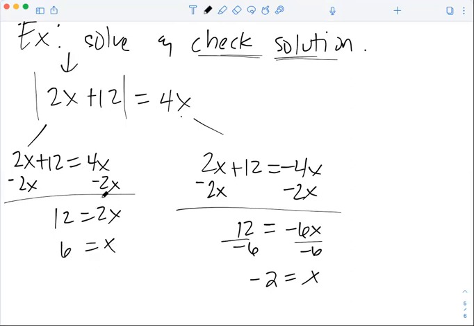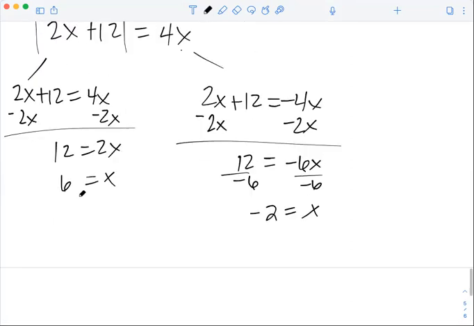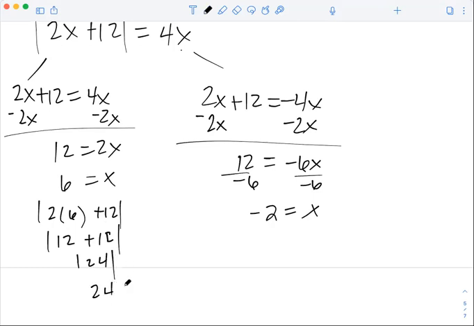The absolute value of 2 times 6 plus 12 is the absolute value of 12 plus 12, which is the absolute value of 24, which is 24. On the right side, 4 times 6 is 24, positive. That one checks out.